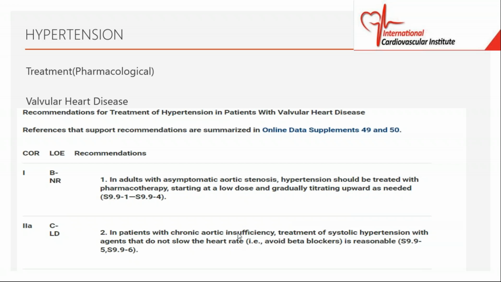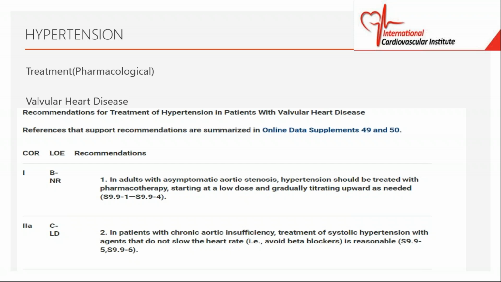Very important though, patients with aortic insufficiency, you want to try and avoid beta blockers. And the rationale for that is, remember, aortic insufficiency is a diastolic phenomenon. So anything that prolongs diastole will make the aortic insufficiency worse. If you slow the heart rate, there's more time for diastolic filling.